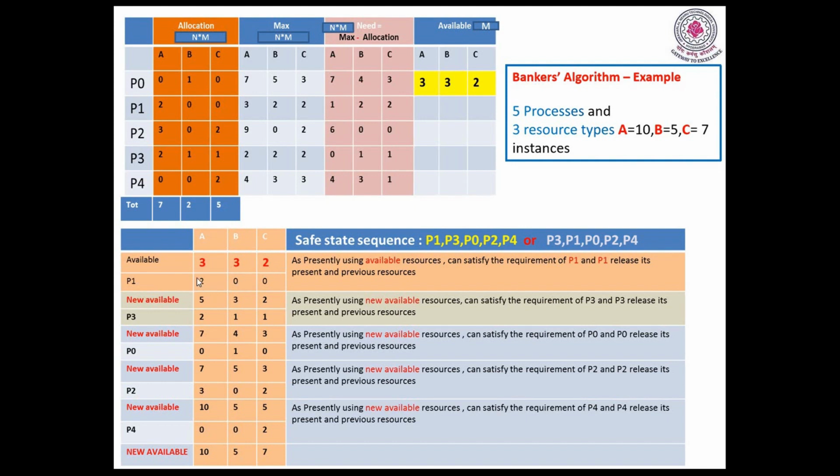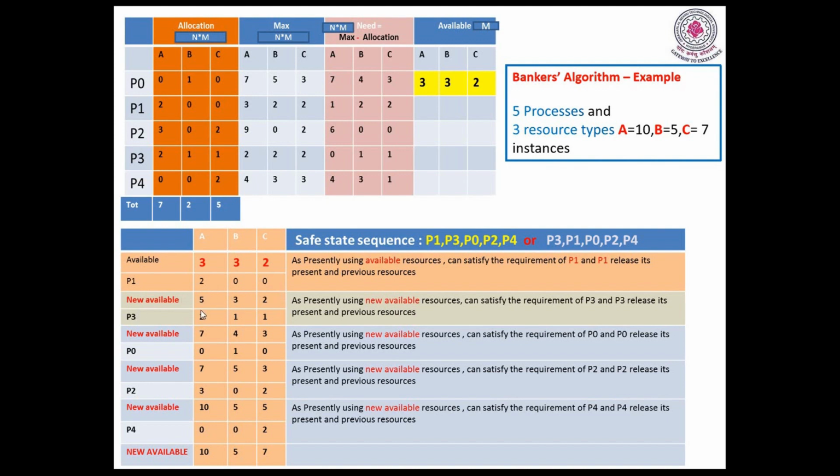Available 3, 3, 2 and previously allocated 2, 0, 0. Look in the allocation, P1 2, 0, 0. So the summation of available plus P1 previously allocated: 3 plus 2, 5. 3 plus 0, 3. 2 plus 0, 2. So now available resources are 5, 3, 2. So now what are the pending resources?